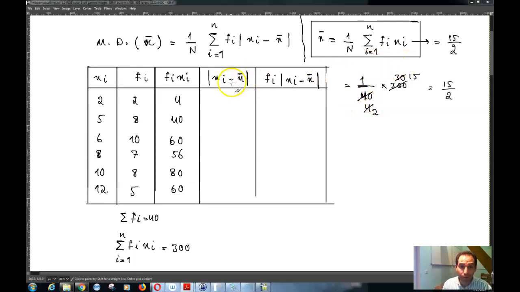So now what I need to do is calculate x of i minus x bar and take the absolute value of that.